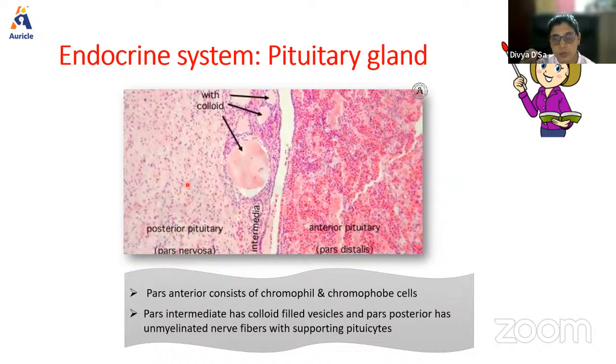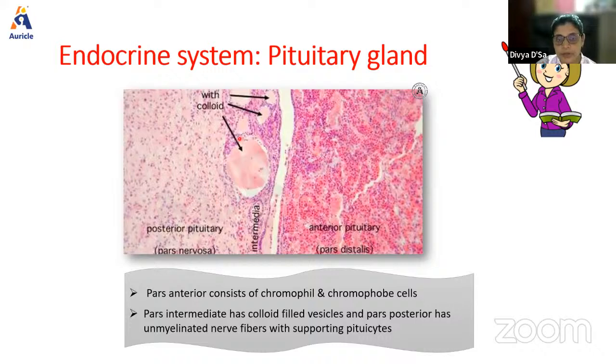These Herring bodies will be storing the hormone for some time till there is a stimulus to release. And supporting these fibers, there are these blue dots we are seeing here. They are known as pituicytes. Pituicytes basically provide support as well as nutrition to this posterior pituitary.